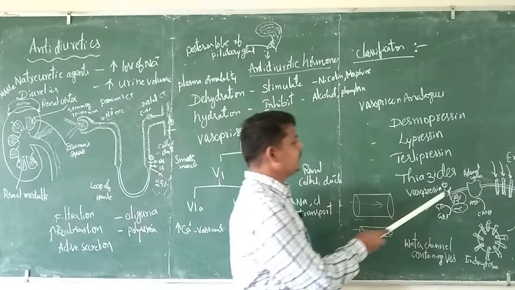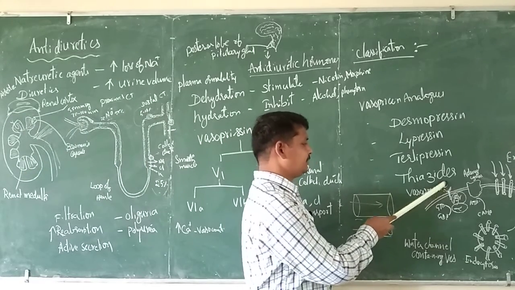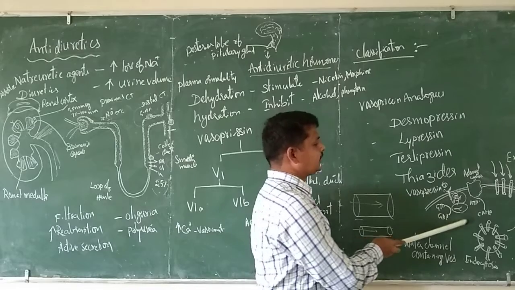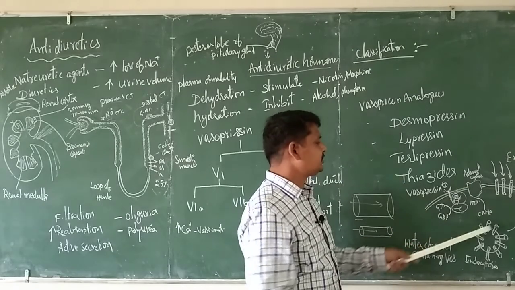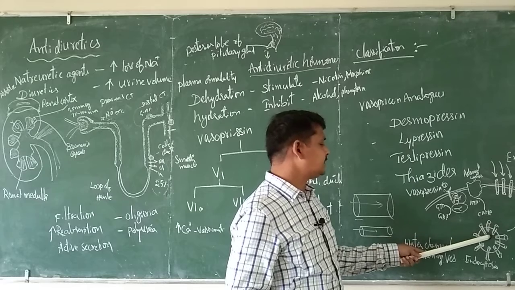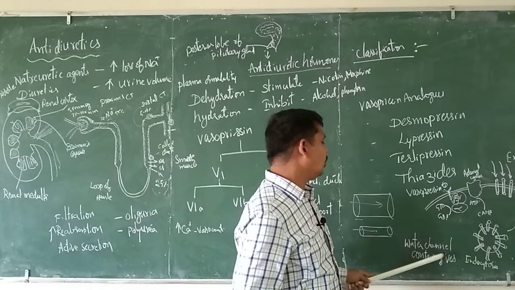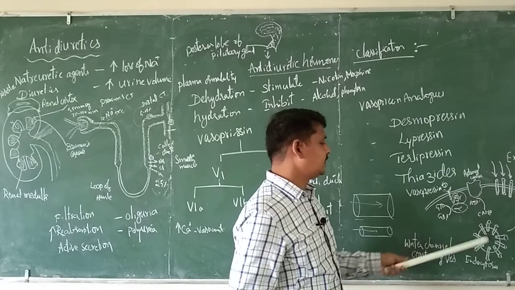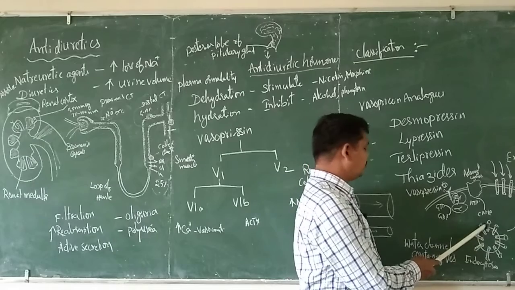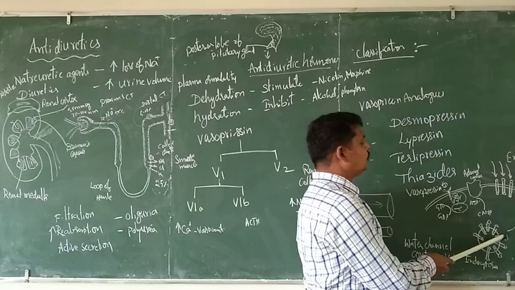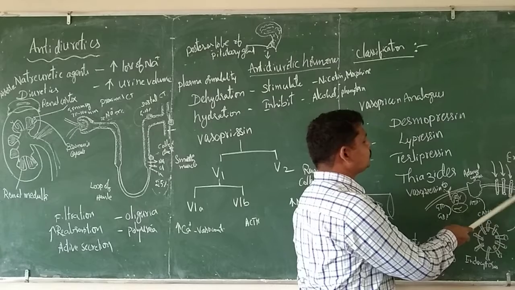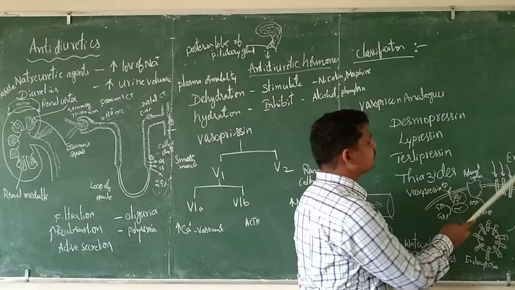Normally vasopressin binds to a specific receptor, which causes activation of cyclic AMP through adenyl cyclase. This activation of cyclic AMP increases the movement of water channel containing vesicles. These vesicles are externalized through exocytosis, and form pores on the cell membrane.